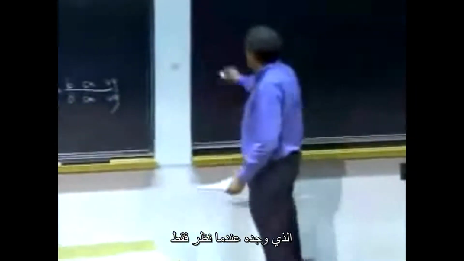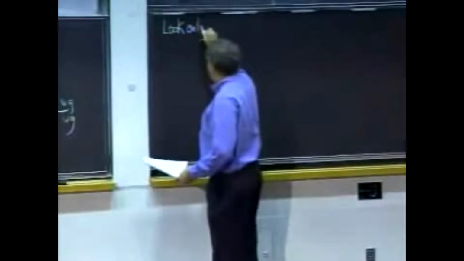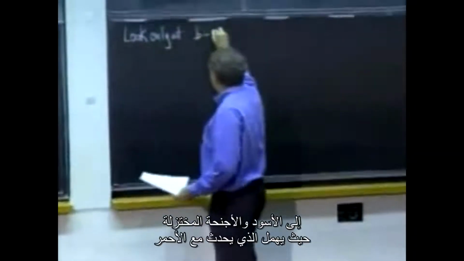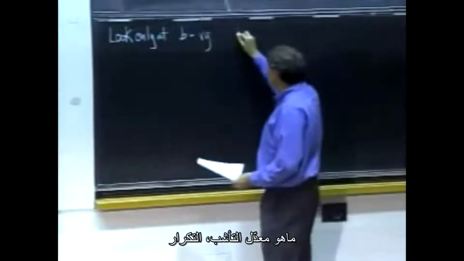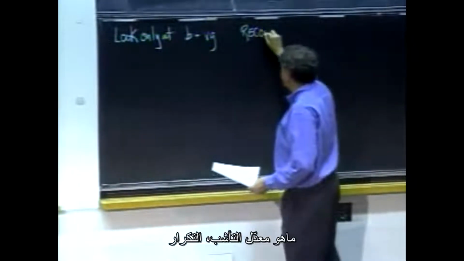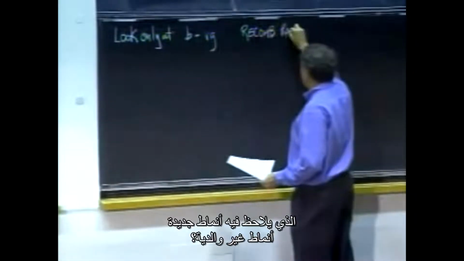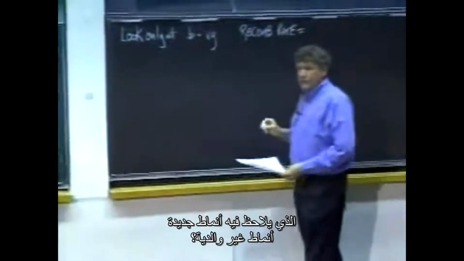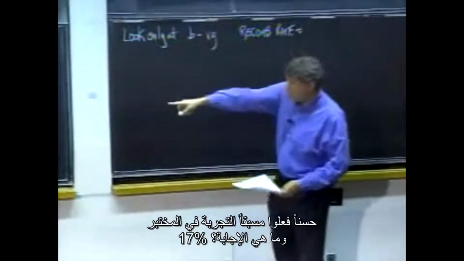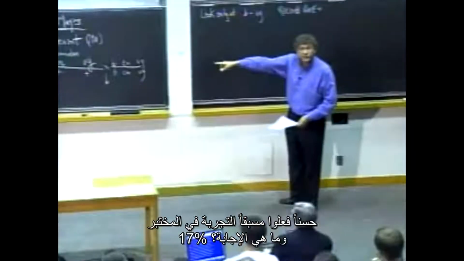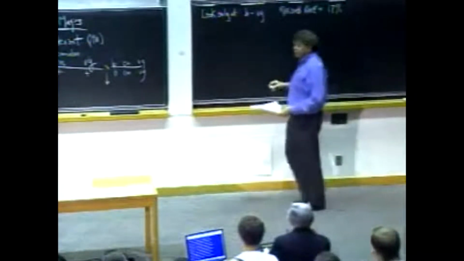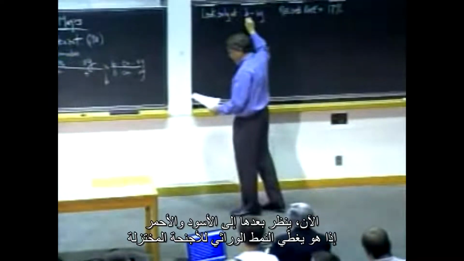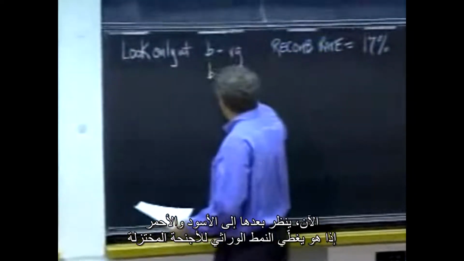What he finds is when he looks only at black and vestigial, so he ignores what happened with cinnabar, what's the recombination rate, the frequency with which he observes new types, non-parental types? Well, they'd already done the experiment in the lab, and the answer is 17%. Now, he then looks at black to cinnabar.